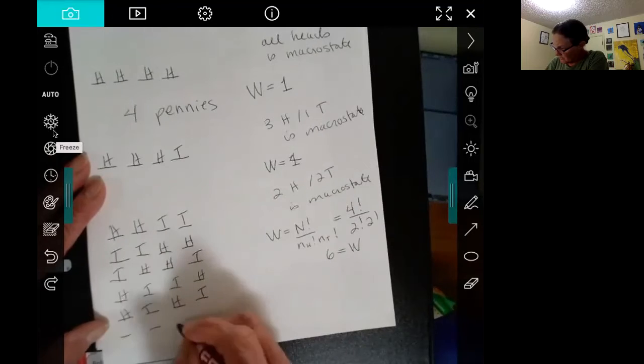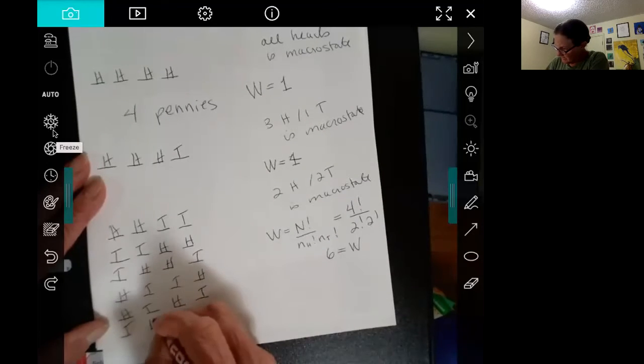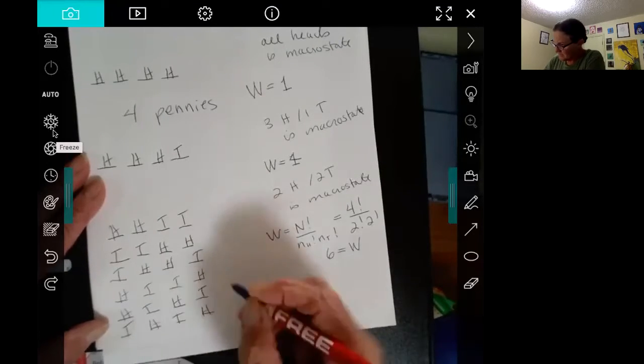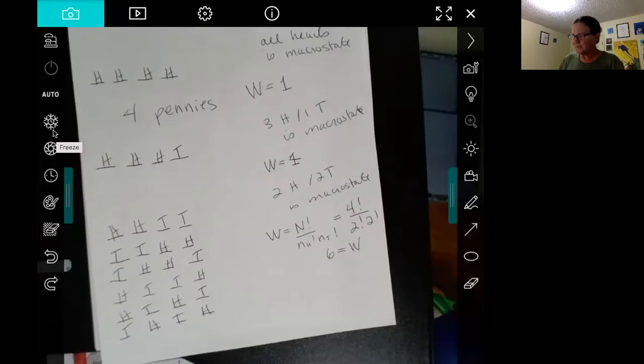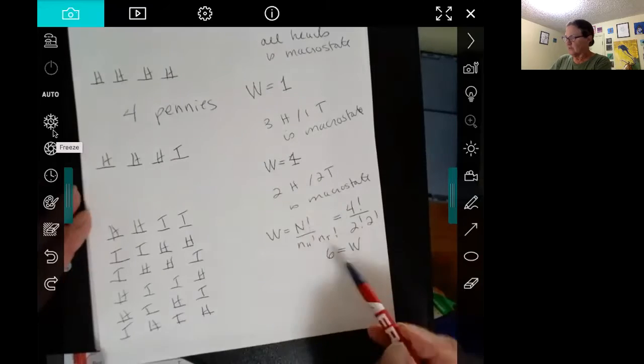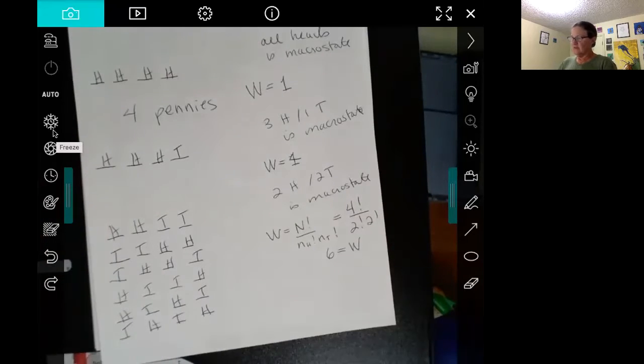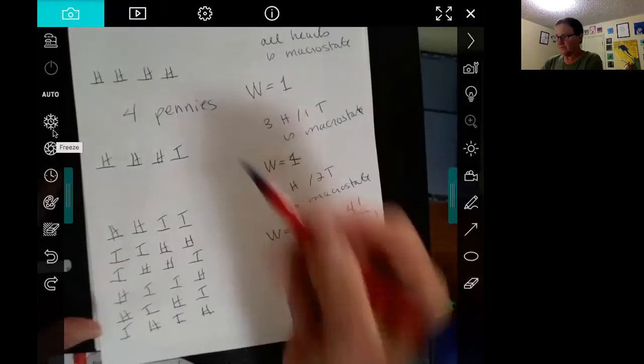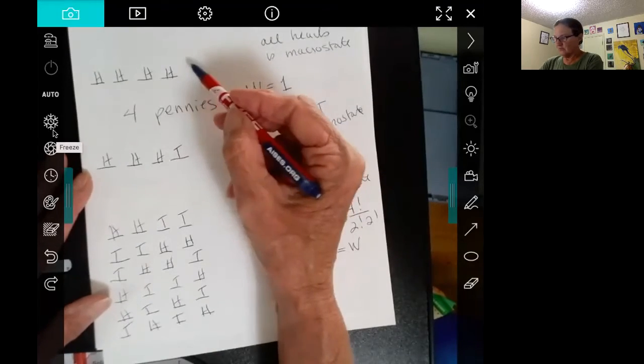I think the last one is tails, heads, tails, heads. So there are 6 different ways. So it's not that it's chaotic, it's just that there are more possibilities. The weight is bigger for you to see a macro state of 2 heads, 2 tails, because those pennies have options. Up here, they didn't have options if they were going to be all heads.